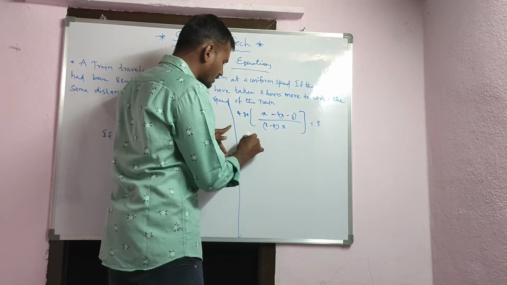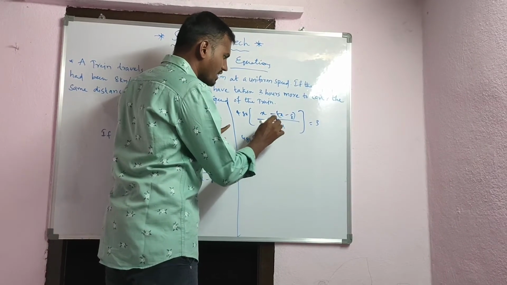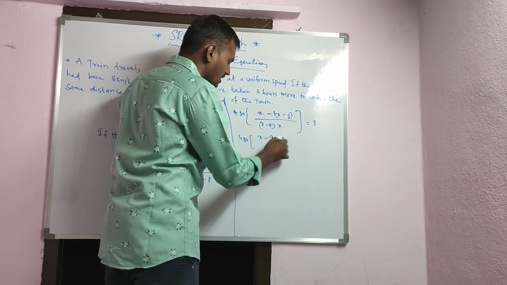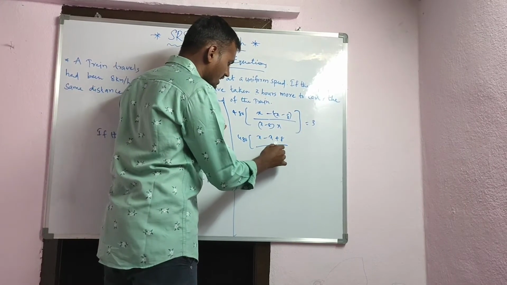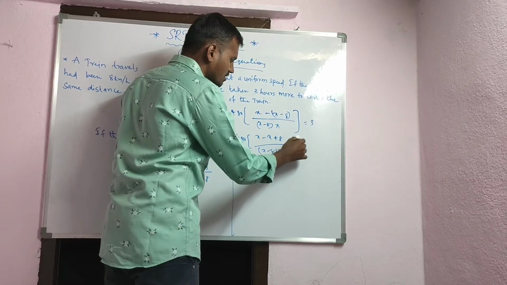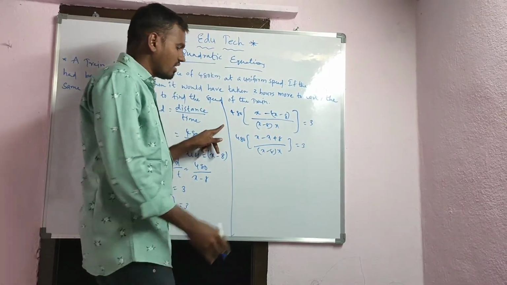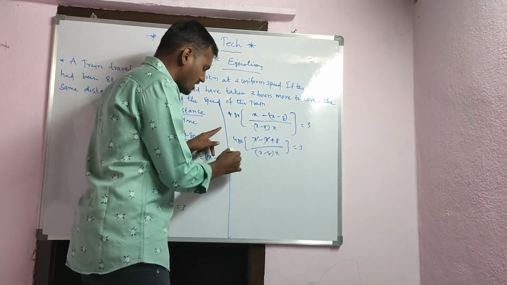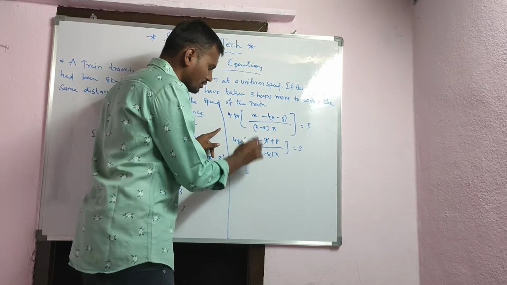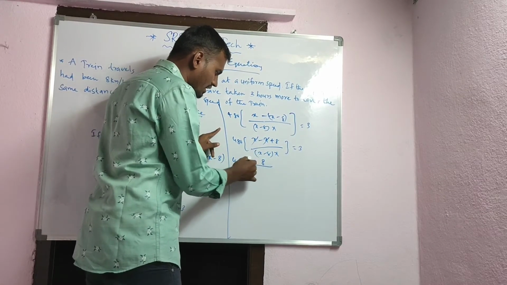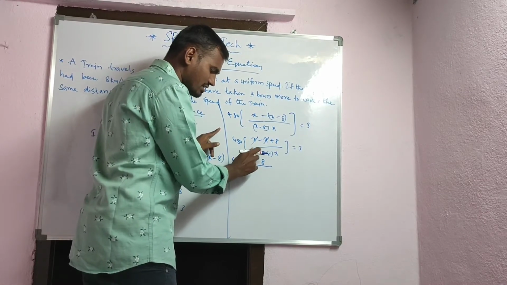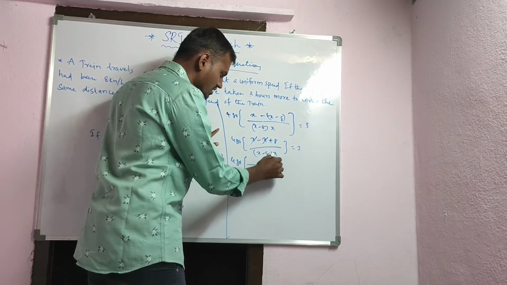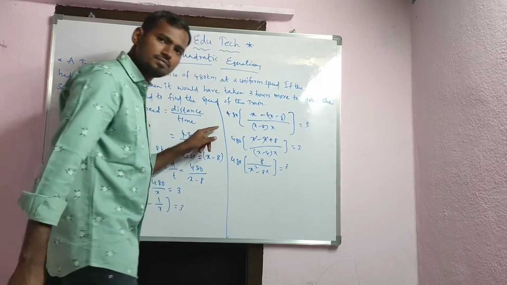Then 480 into x minus x, minus into minus is plus 8, only by x minus 8 into x is equal to 3. Plus and minus get cancelled, x and minus x get cancelled. What is remaining? 480 into 8 by x into x, x square, minus 8 into x, 8x, is equal to 3.